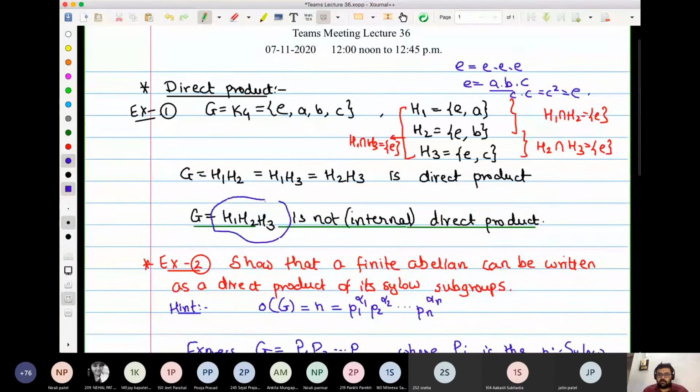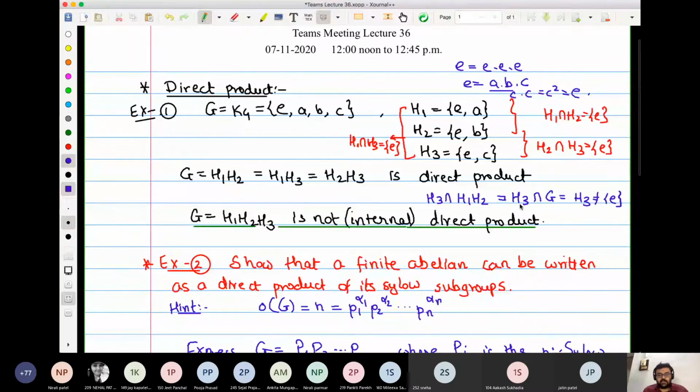The reason was that if I take H1 H2, it is already G. And if I take H3 intersection H1 H2, then this is G intersection H3, which is H3, and that is not identity.